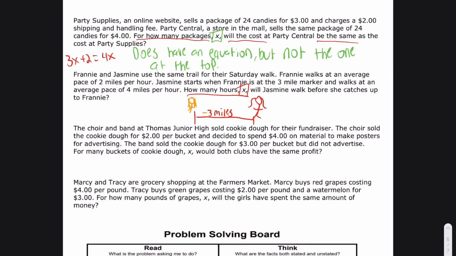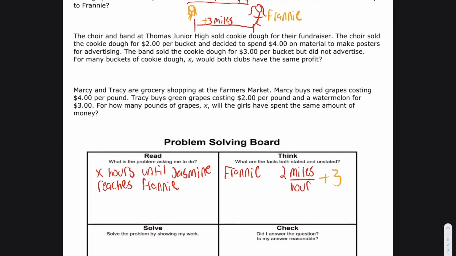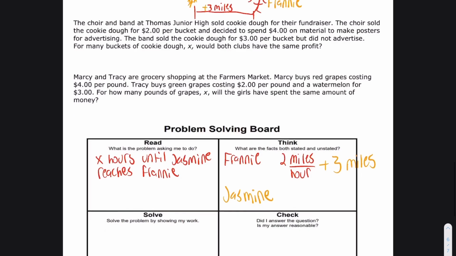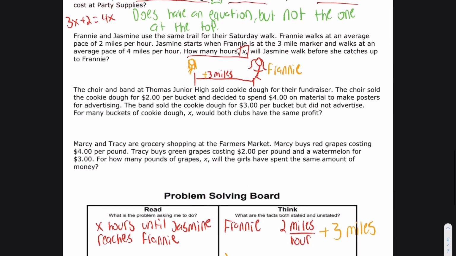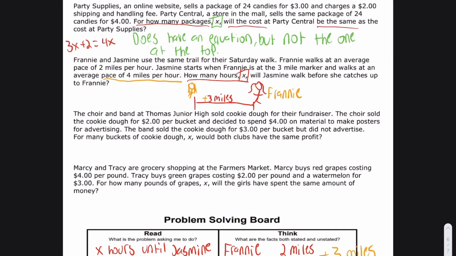So she gets a plus 3 miles for Franny. And then Jasmine is probably going to be the next person they talk about in this story. Jasmine is walking at a pace of 4 miles per hour.